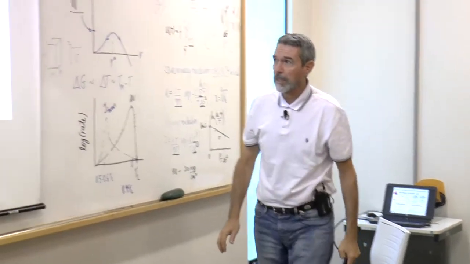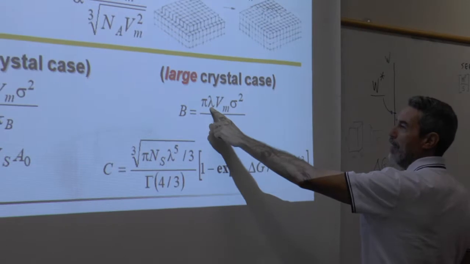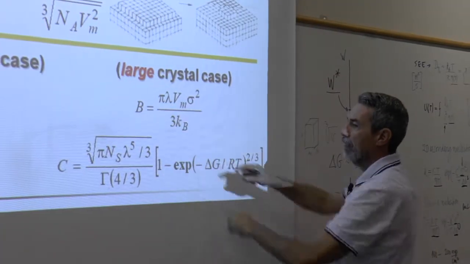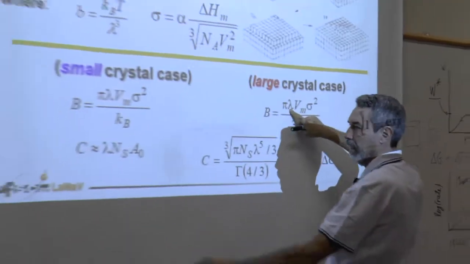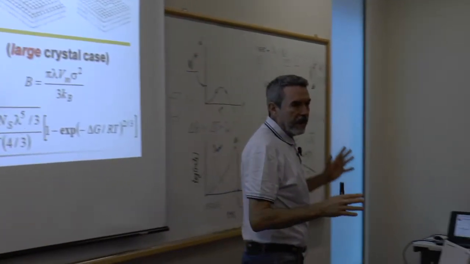There is another difficulty here. Lambda enters in B. See? Lambda enters here and enters here. So lambda is everywhere. It doesn't matter.